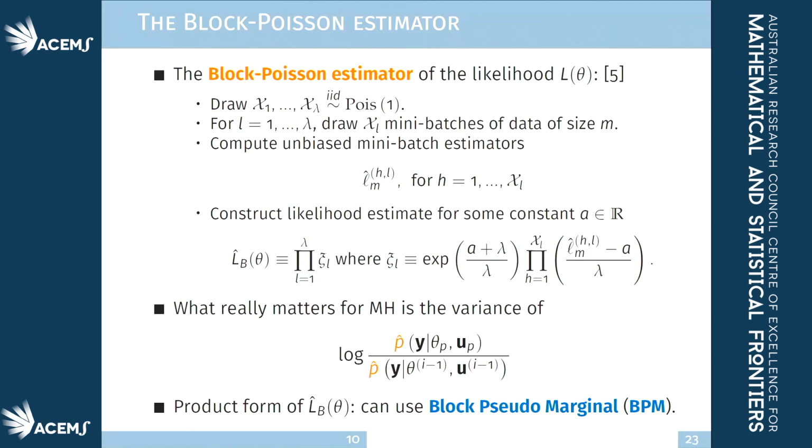Now, what matters in pseudo-marginal Metropolis Hastings is that the log of the ratio of the densities in the top and the bottom doesn't have large variance. So we also use a form of correlated pseudo-marginal, which means that when we swap the subsamples around, we don't take a new subsample of 1,000.